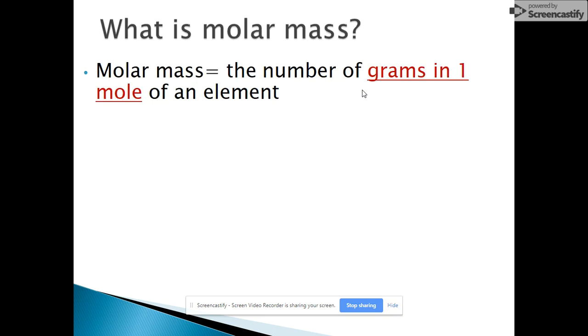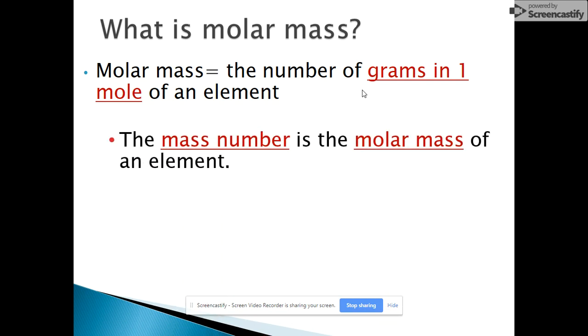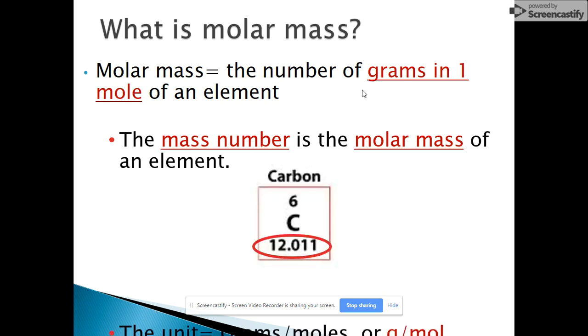Now, the mole is a unit that we're going to hear over and over again in chemistry, and the reason is when we do calculations in stoichiometry, we're very concerned with the molar mass. This tells us the number of grams that are in 1 mole of an element or any substance that we're working with. The mass number that we find on the periodic table tells us the molar mass of the element.